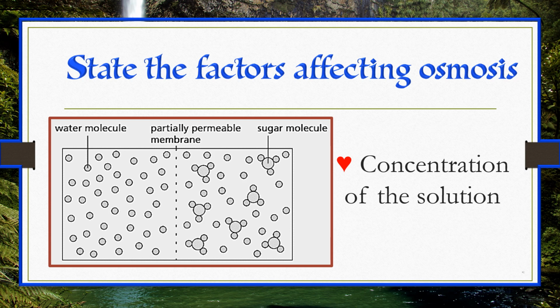Let's see it on our diagram. We have side A and side B. On side A, we have more water molecules. And on side B, we have fewer water molecules.